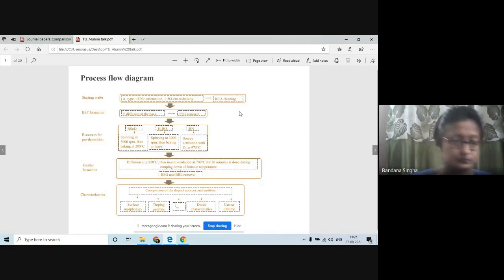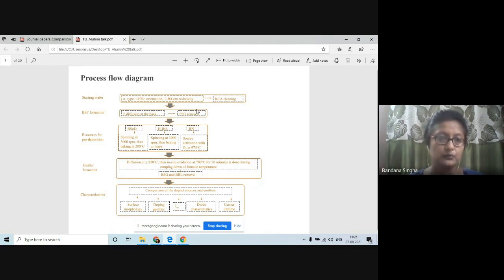When we do the phosphorus diffusion, it forms phosphosilicate glass, the PSG, and that glass is generally removed by dipping the samples into percent HF. After the sample is properly cleaned and n-plus diffused, then according to the dopant source, the deposition or diffusion techniques are used.